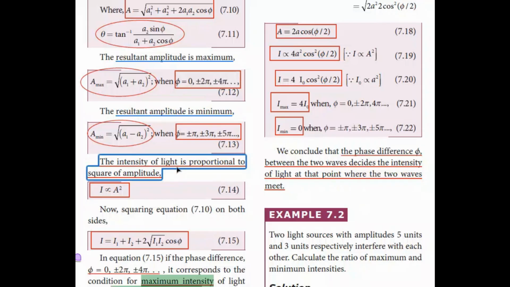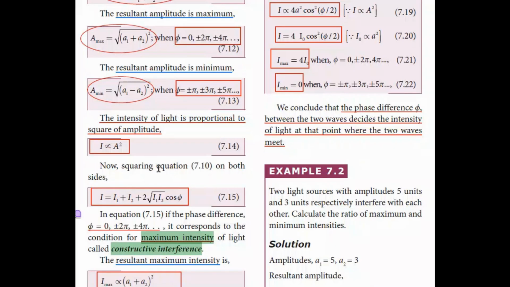The intensity of light is proportional to the square of the amplitude, and that's given by I proportional to A square. And squaring the equation on both sides, that is equation 7.10, we have I equal to I1 plus I2 plus 2 into root of I1 I2 cos phi.